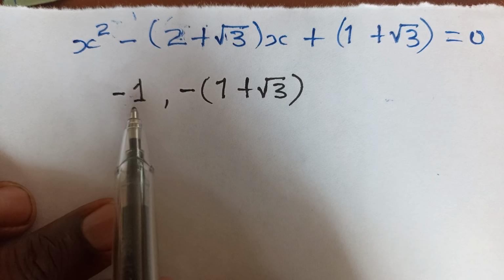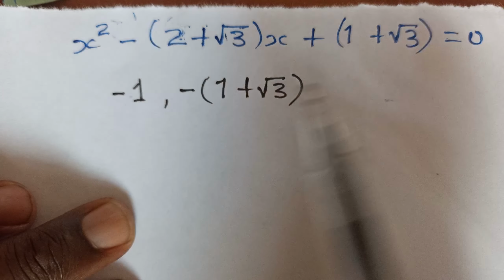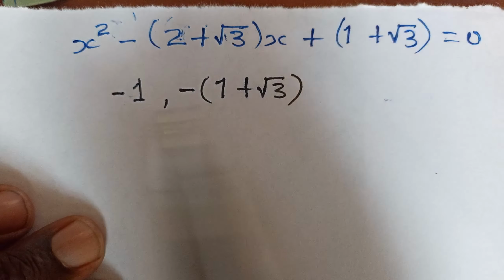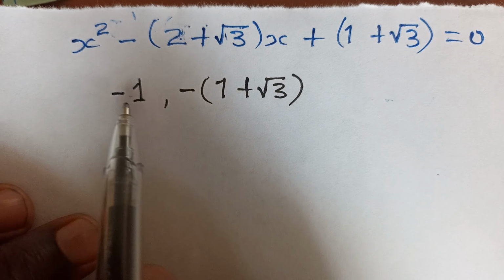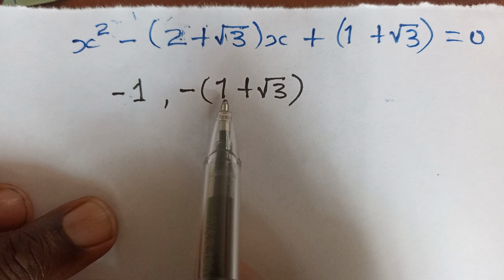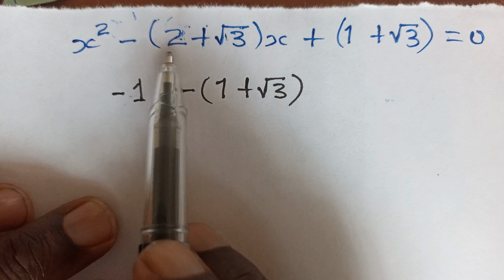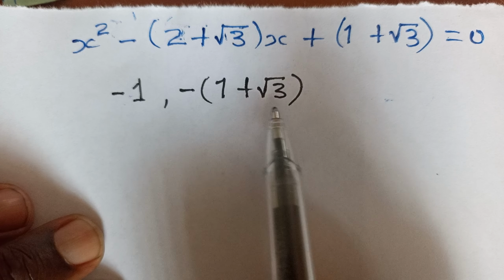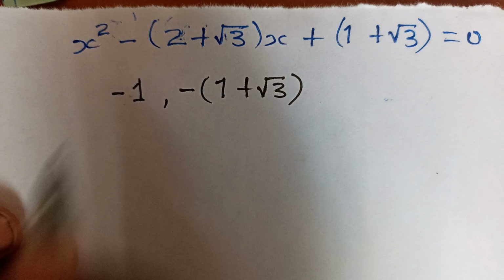So, guys, if you multiply those two numbers, you get 1 plus root 3. If you add them, guys, you get -1 minus 1 gives us -2, now minus root 3. So those are the two numbers.